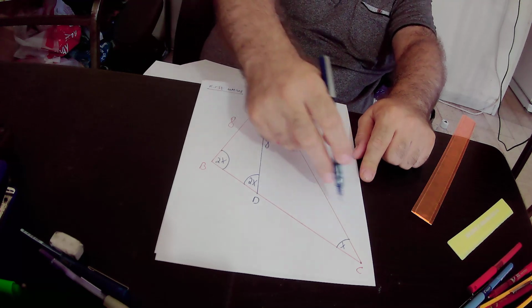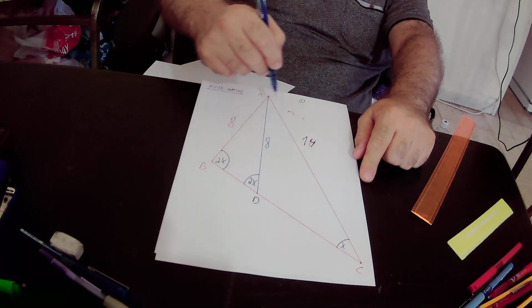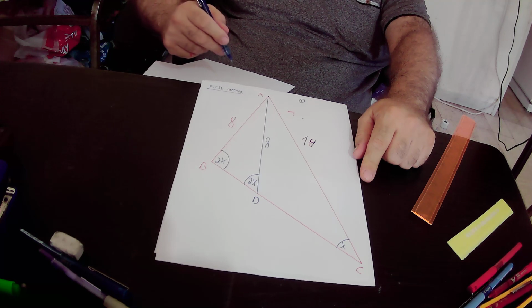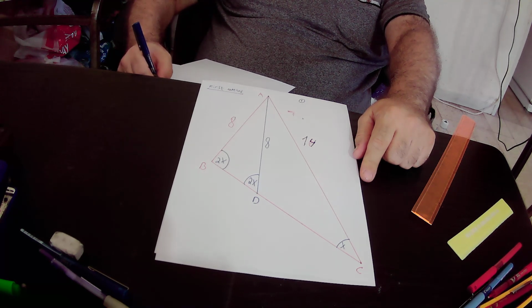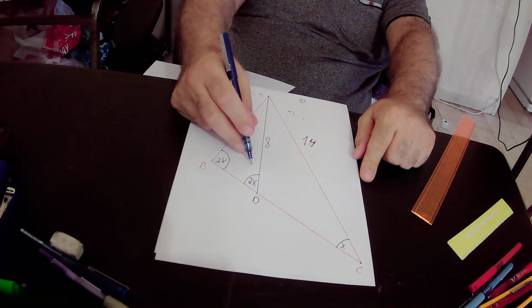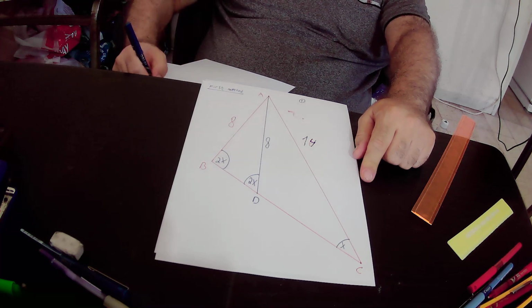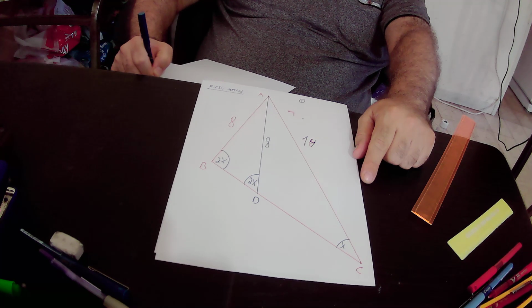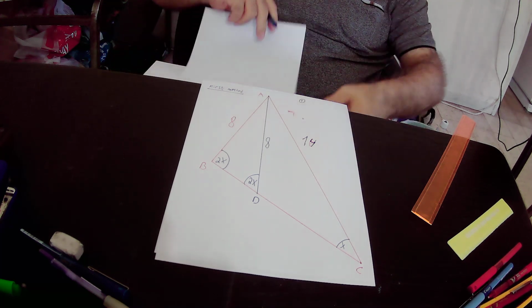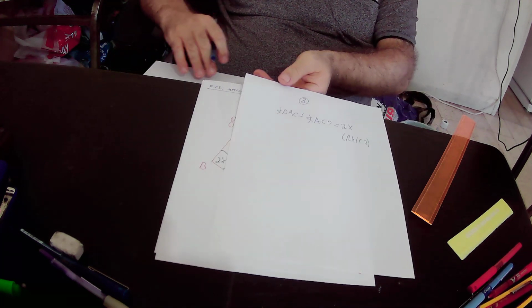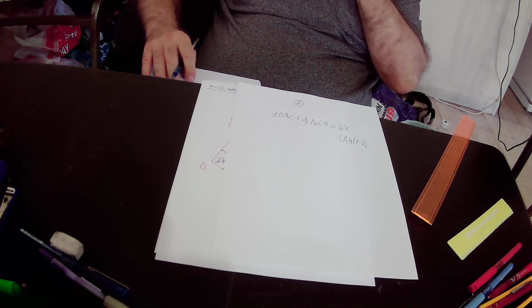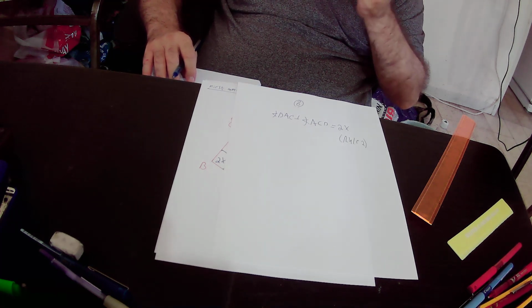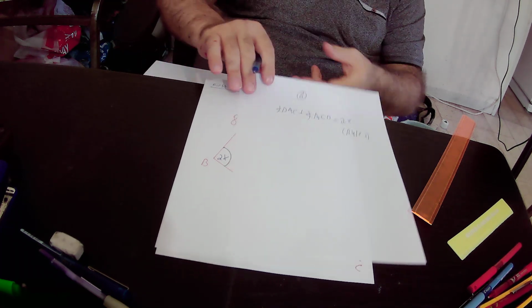So angle ACD plus angle DAC will be equal to the exterior angle, that is 2x. Again, according to rule number 2, angle DAC plus angle ACD will be equal to the exterior angle 2x.